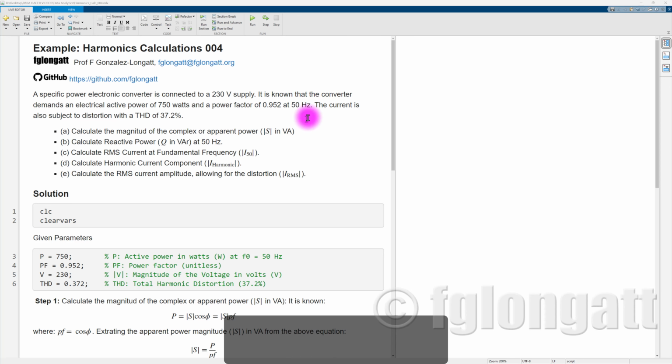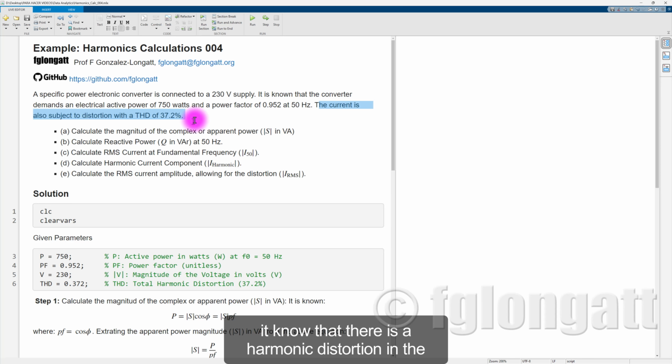However, it's known that there is a harmonic distortion, in this case in the current signal, and the current has a total harmonic distortion of 37.2%.